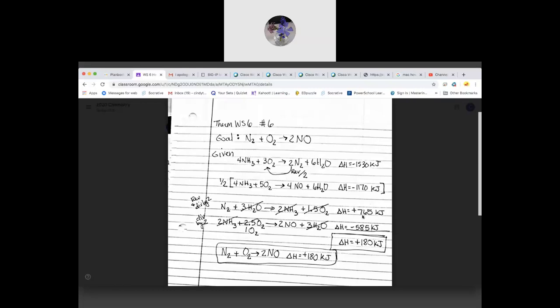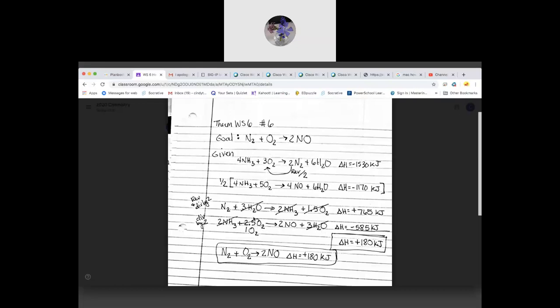So now it's 765 kilojoules. For this one, my plan was to divide by 2, and that's it. So I took my 2 ammonia and my 2.5 oxygens, yields 2 nitric oxide, and 3 waters.